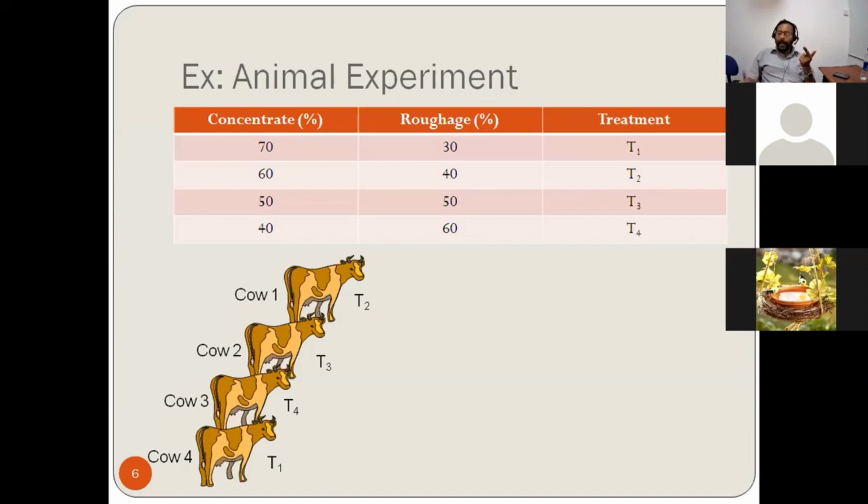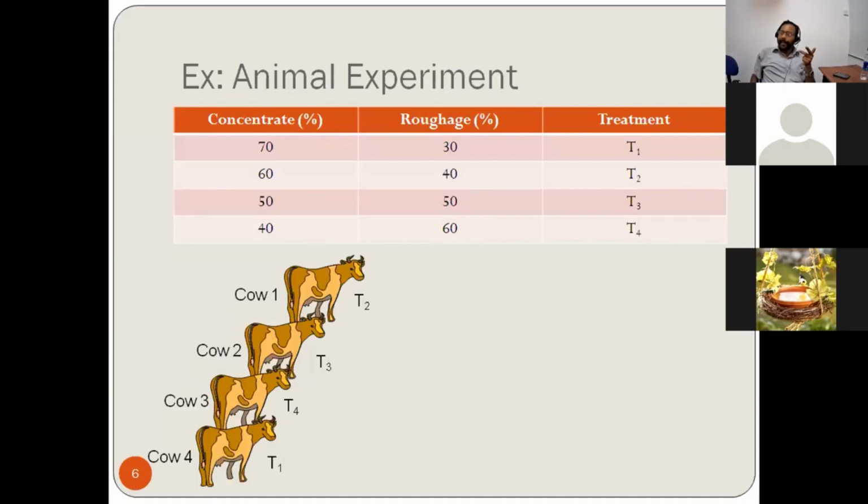Why? If one bird dies, especially chicks, then we lose the information, isn't it? So we will have more. Maybe one grown tree can be considered as one experimental unit.